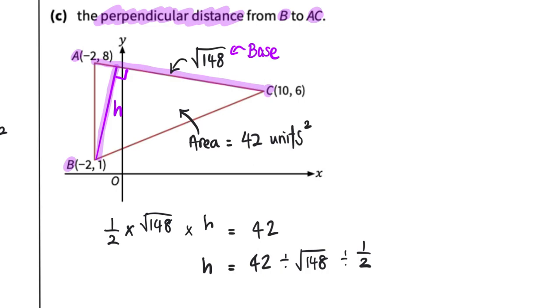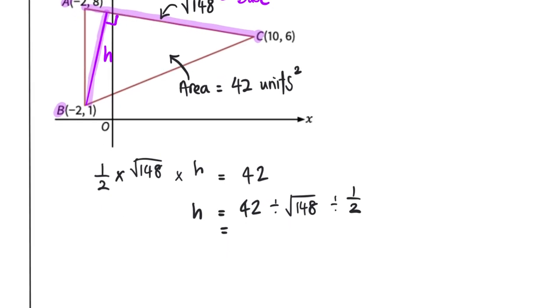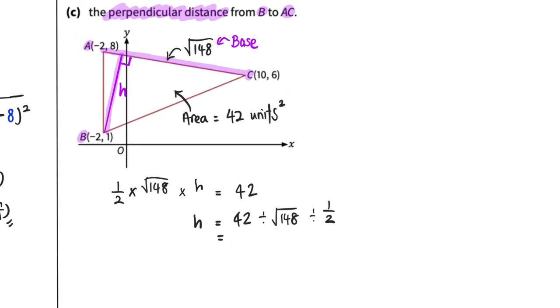And this will give me a value of 6.9048 to 5 SF, followed by 6.90 units to 3 SF.